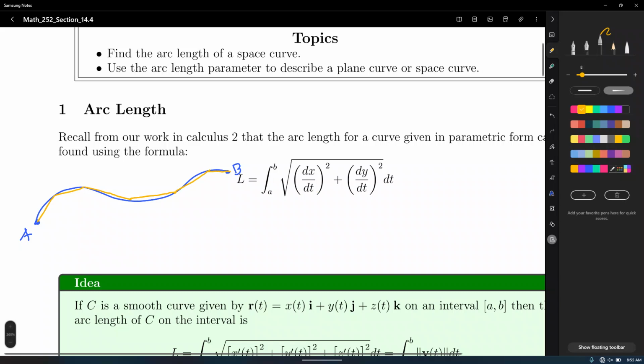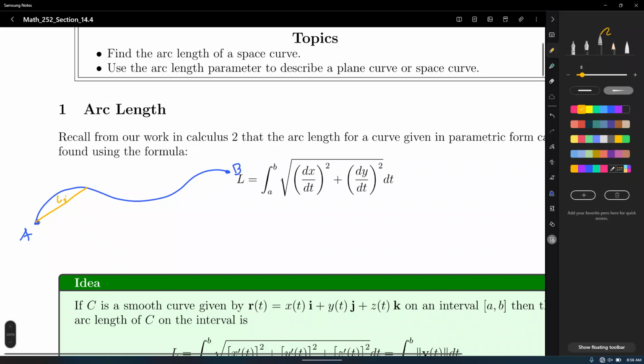Again, in a similar way as in Riemann sums, where we chop the region into infinitely many rectangles, we will chop this length into infinitely many arc lengths. But in the end, I will just choose one representative length, say this one, all right? Let me call this L sub i.